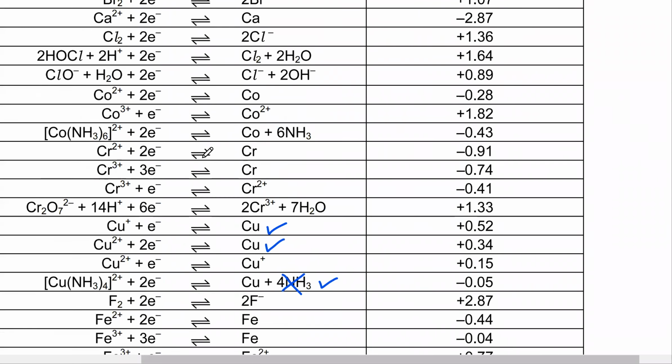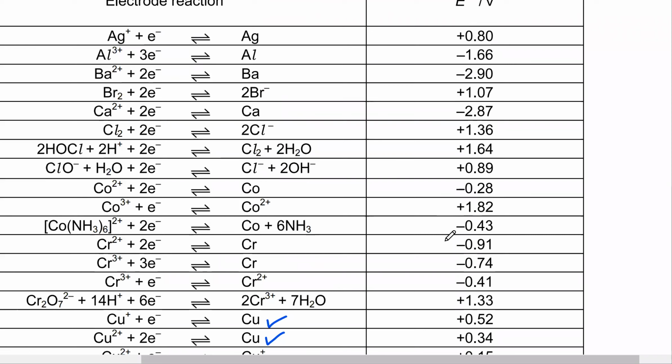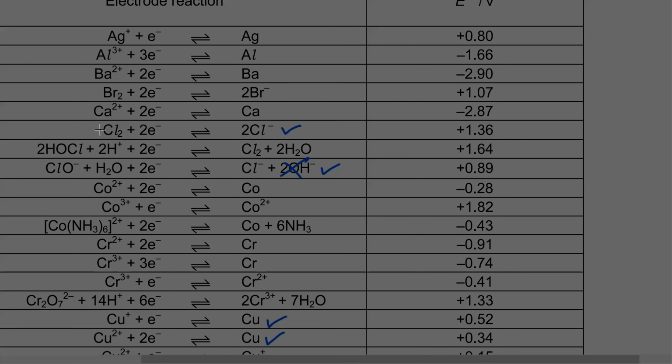So for Cl-1, the equation is this one. There's another one, there are two actually. There's this one, and there's this one as well. But I'm not going to copy the second one because Cl-1 reacts with OH-1. I don't have OH-1 as my reactant. So since there are no OH ions, there's no point writing this equation because that's not going to be a possibility. You need OH ions in your reactants. So I'm going to pick the first one.